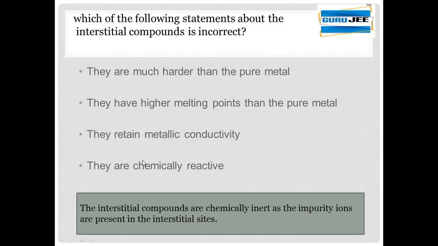So these compounds are chemically inert. This is the fact about interstitial compounds. Then which one will be the wrong statement in the options? Which one can be the wrong one?